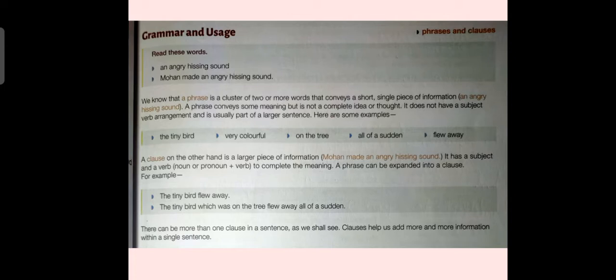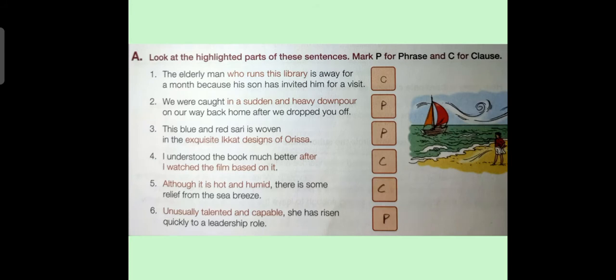Now we will do exercise A. Look at the highlighted parts of these sentences. Mark P for phrase and C for clause. The first one has already been done for us. The elderly man who runs this library is away for a month because his son has invited him for a visit.